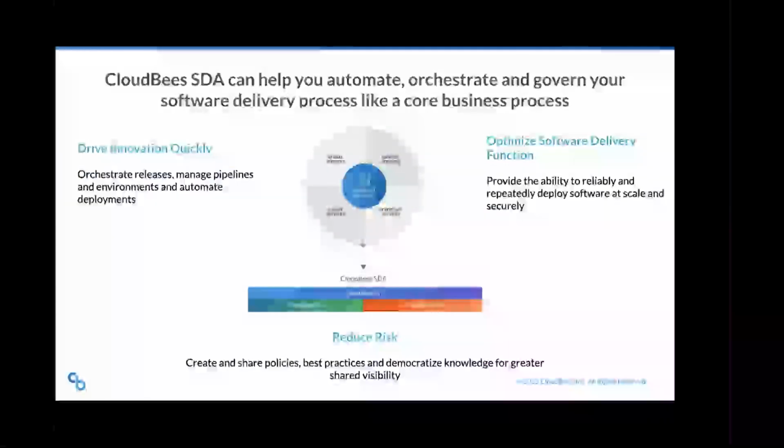And so to achieve this, we have our new view of the world at CloudBees in two areas. We have our CloudBees software delivery automation, which is our delivery suite. What we've realized is there's ever increasing complexity in tool sets around CI/CD, and that's not going away. It's only going to get worse.